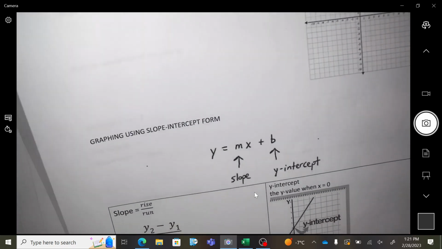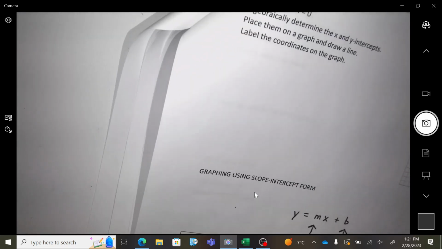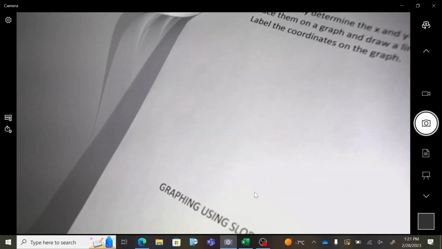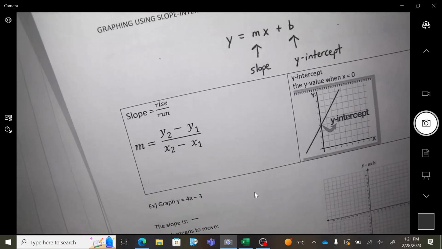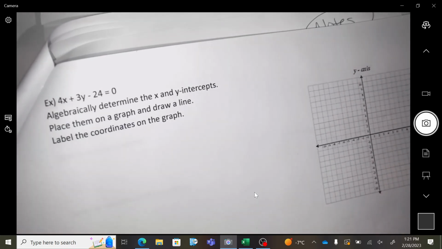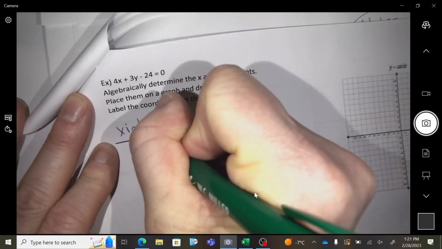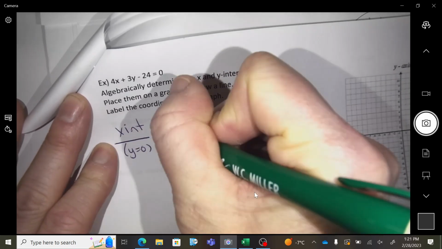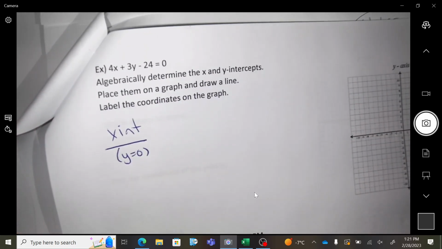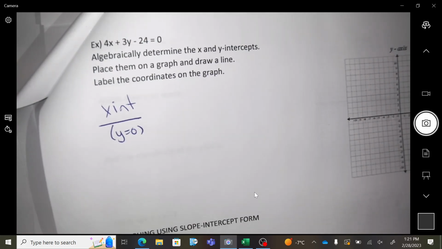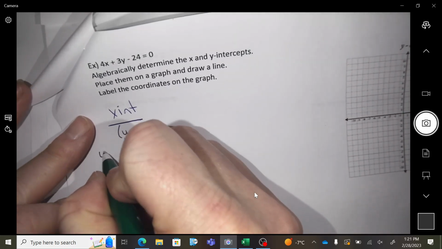Okay, we have one more example. This one is very similar except there's just one more algebraic step in our isolation. So let's do our x-intercept, where y equals 0.